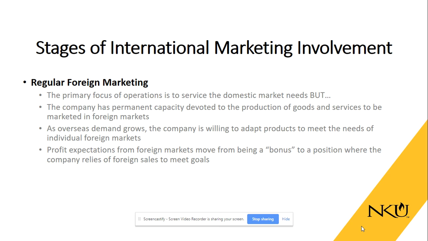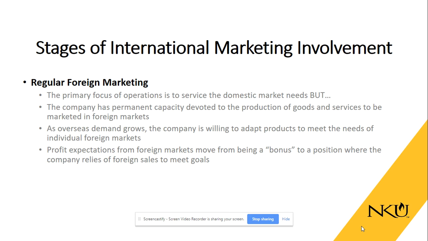The third level of international marketing involvement is what we call regular foreign marketing. At this stage, the company has a permanent productive capacity devoted to the production of goods and services that are marketed in foreign countries. The primary focus of operations and production is still to service the domestic market. But as overseas demand grows, companies at this level are allocating production specifically for foreign market needs.